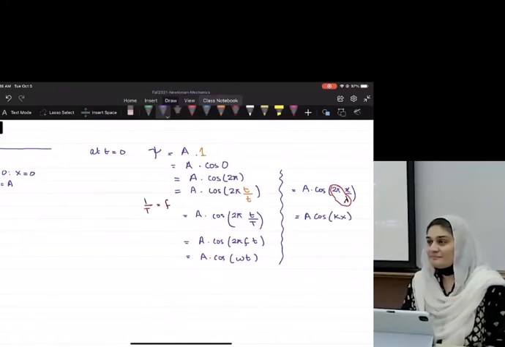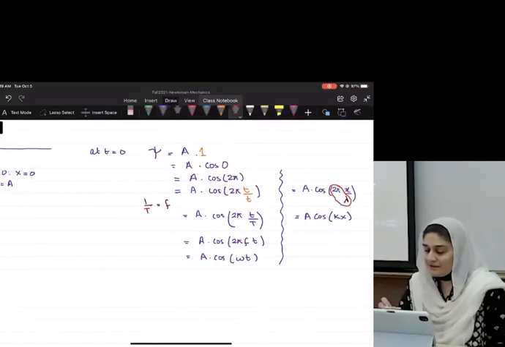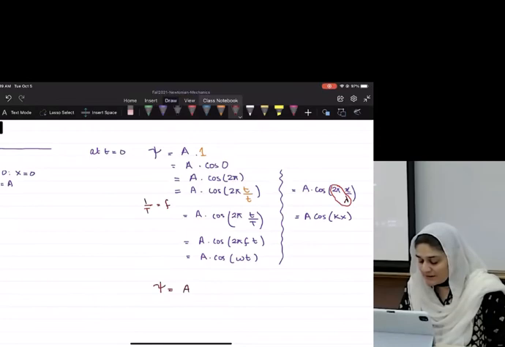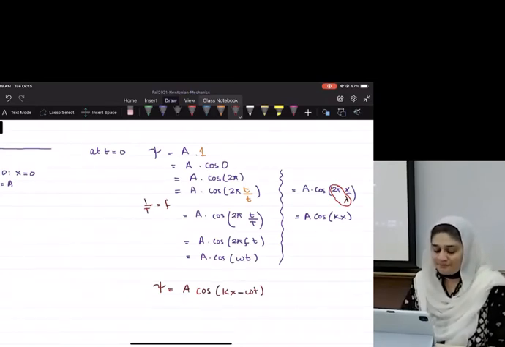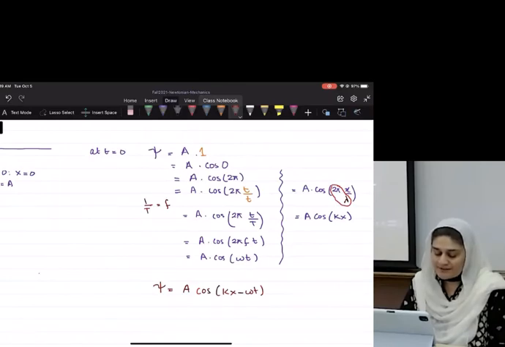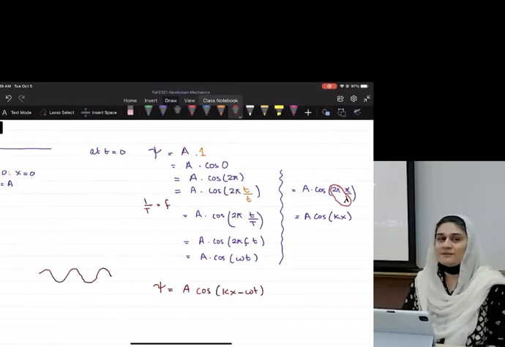So in most situations, when you go into quantum mechanics, you will see a wave function written as psi equals A cosine of kx minus omega t. What's the difference between sine and cosine? So if I draw this wave, can you tell me if it's sine or cosine? Why not?